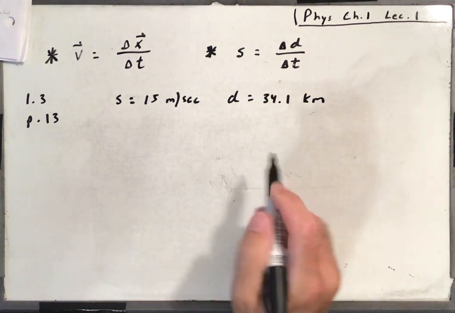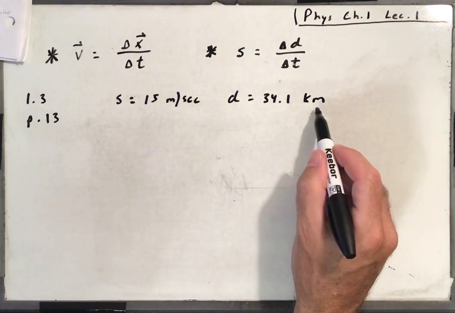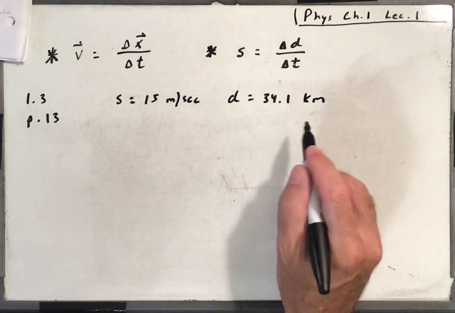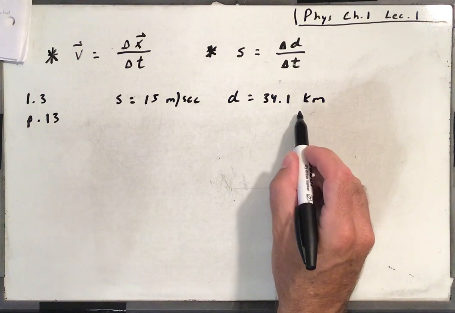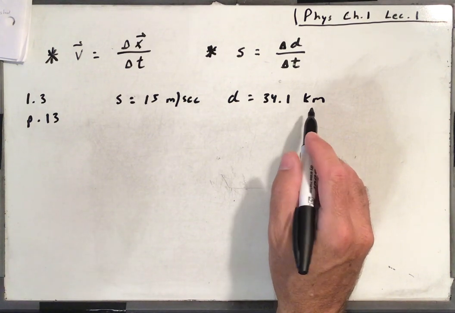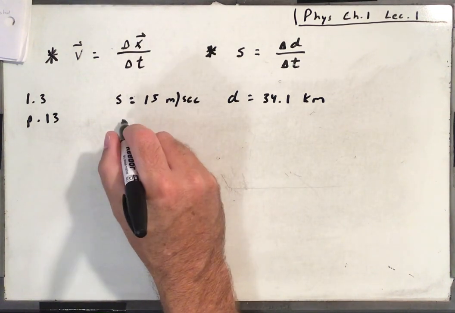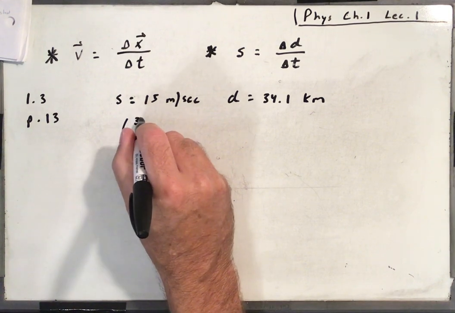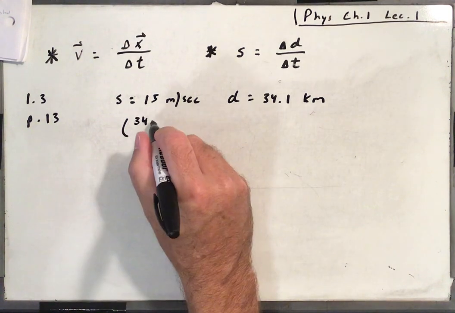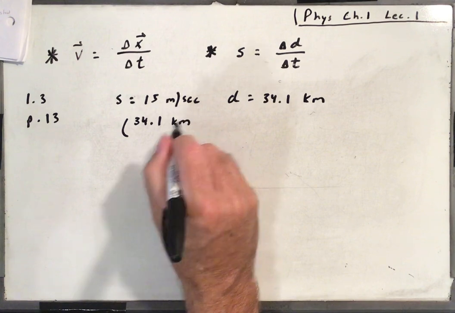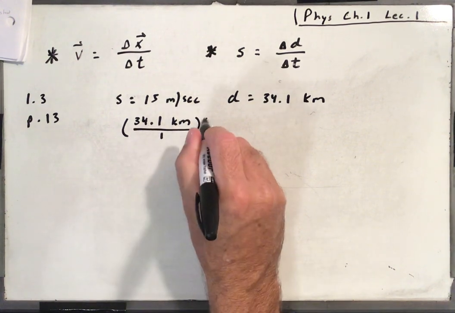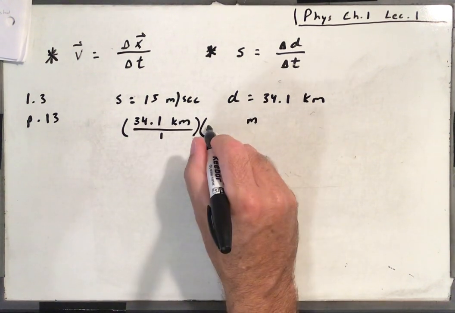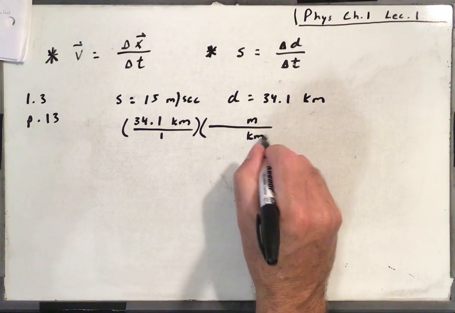So you can see our units are different. We have meters and kilometers. We're going to need to change one or the other. I'm going to go ahead and change kilometers to meters. So we won't do this every time, but if you have from your chemistry, you can remember 34.1 kilometers. Put that over 1. We're going to change that to meters, so we put meters on top, kilometers on the bottom.